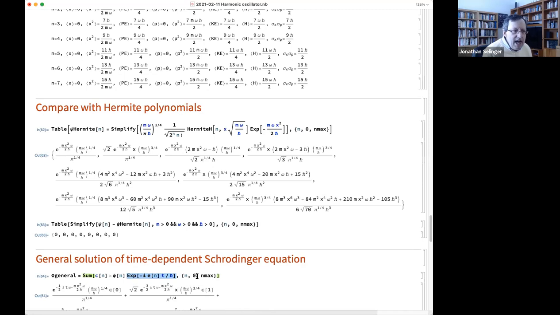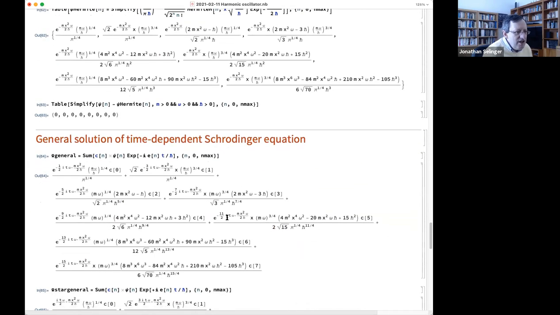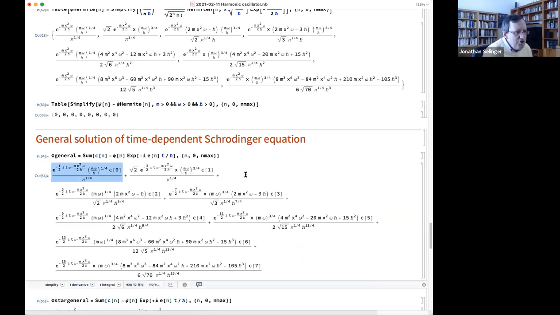In principle it goes up to infinity, but here I'm stopping at 7. So here is a sum of 8 terms like that, from n equals 0 up to n equals 7.